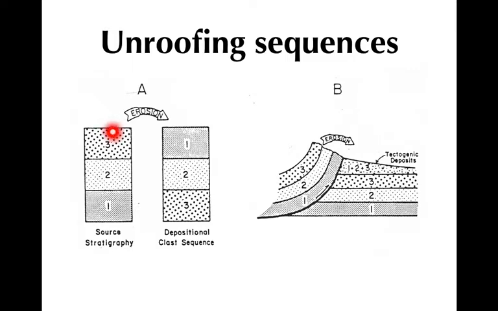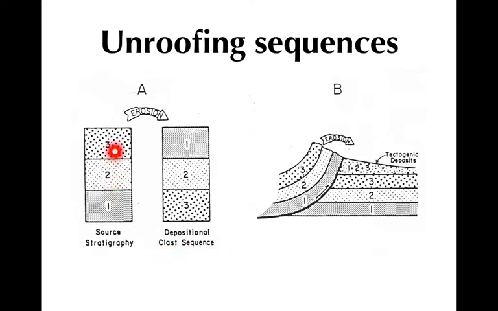Well, if we begin to uplift this and erode it into a basin, the first thing to erode will be rock type 3, and clasts of rock type 3 will be concentrated towards the bottom of what's being deposited as conglomerate.